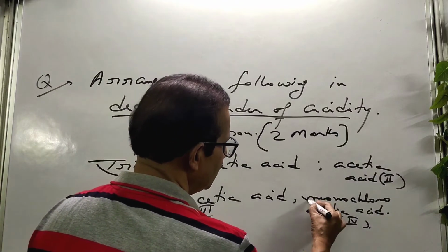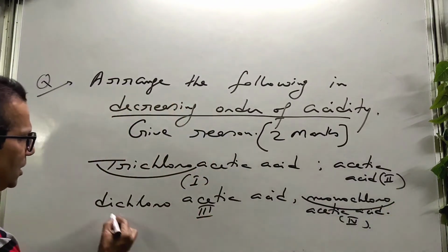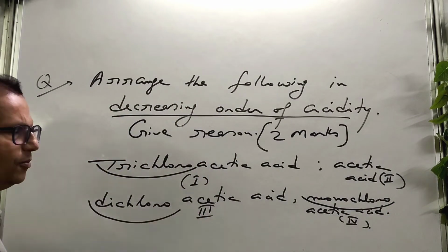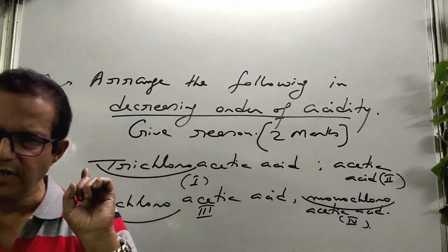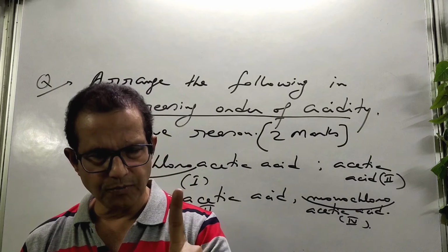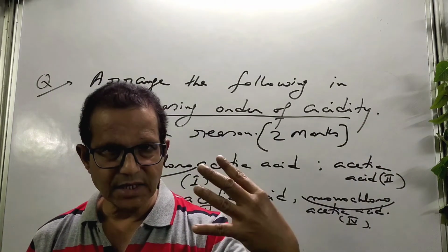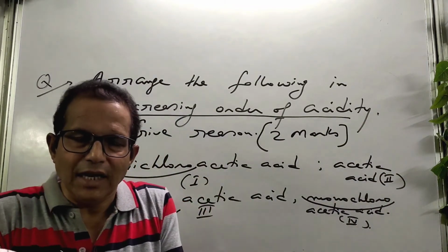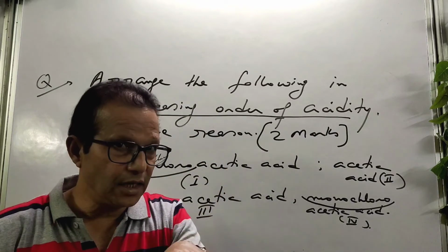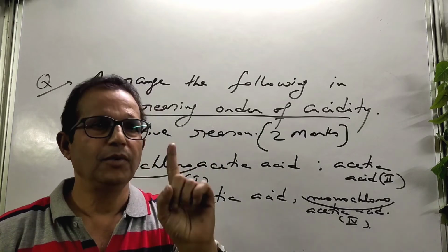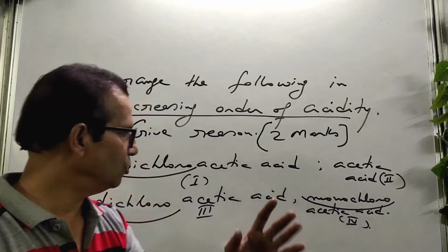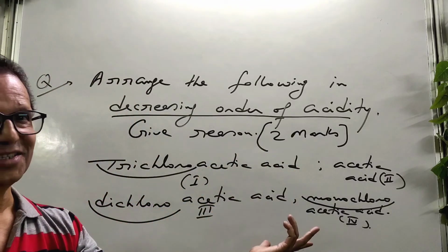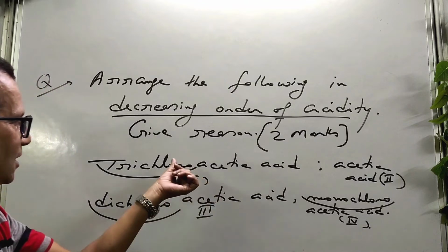This compound contains only 1 chlorine atom. This compound contains 2 chlorine atoms. You know that halogens have electron withdrawing nature. Again, you know that presence of electron withdrawing group increases the acidity. And it is clear to us that greater the number of electron withdrawing groups, more will be the acidity. So, if you do not know the structure, even then you can write the answer.